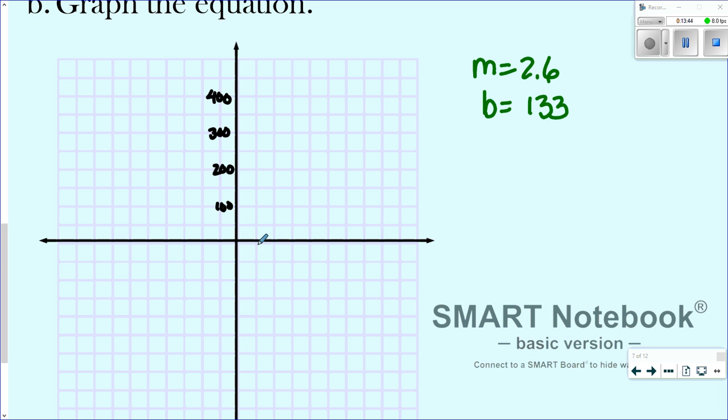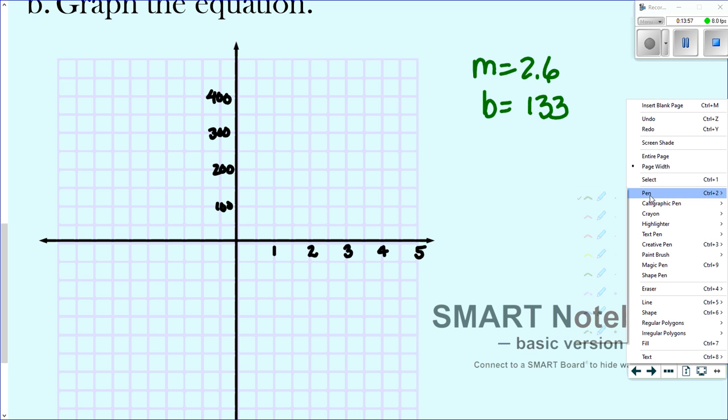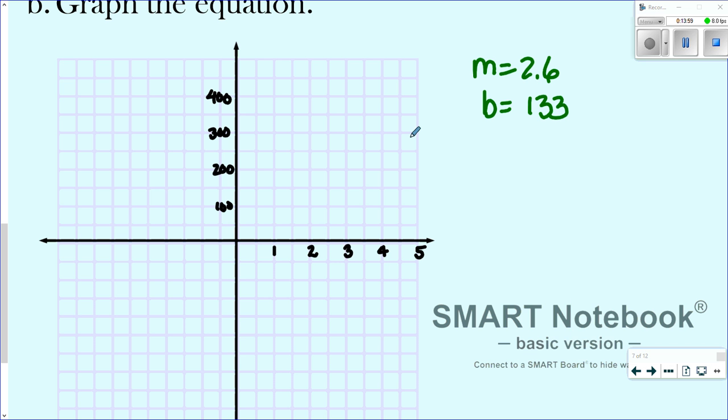For this axis, every 2 units I'm going to count by ones. All right, so now I'm going to plot my point. Start with my b, which is 133. So if this is 150, I say 133 is around here. And then my slope is 2.6.